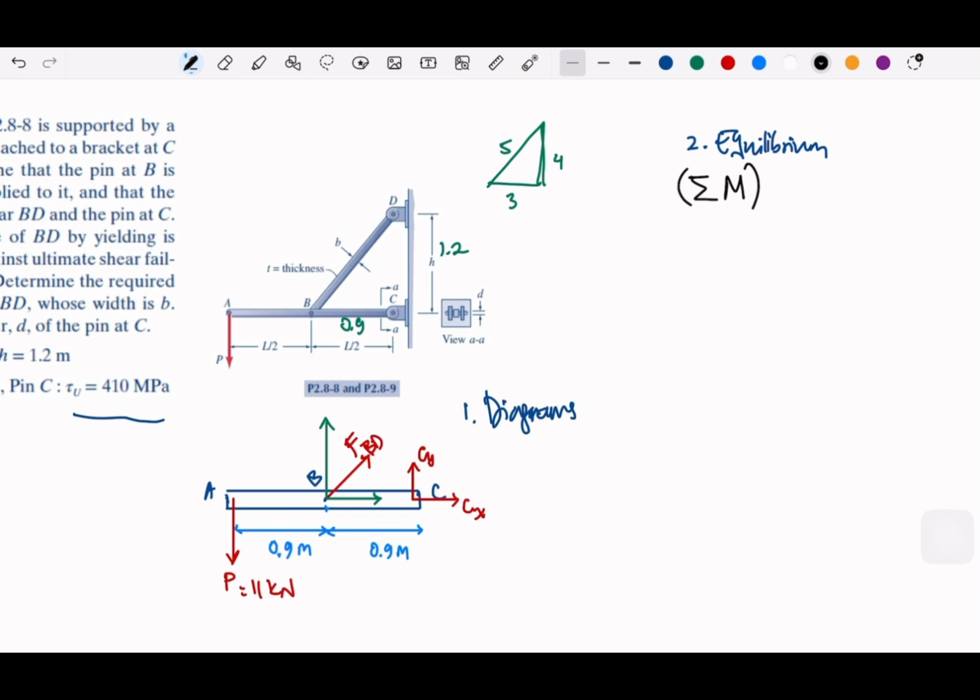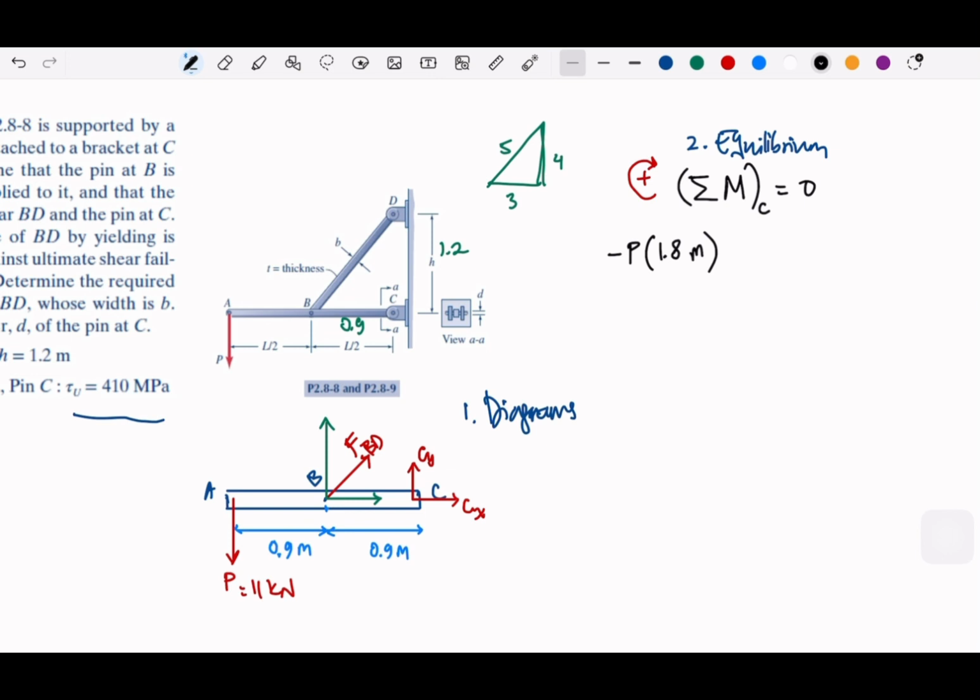So that's why I will take the moment with respect to C, take it as a positive moment, equal to 0. So this will be minus P times 1.8 meter, right?